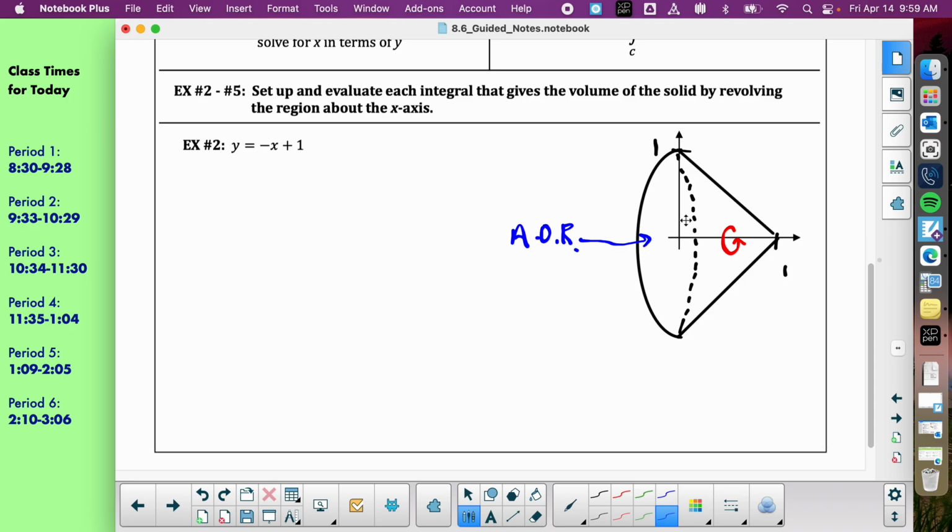I wrote axis of revolution on the definition on the previous page. So the radius is always how far it is from the axis of revolution to the outside of the object. You always start at the middle, though. You start where it's rotated from and then go out.